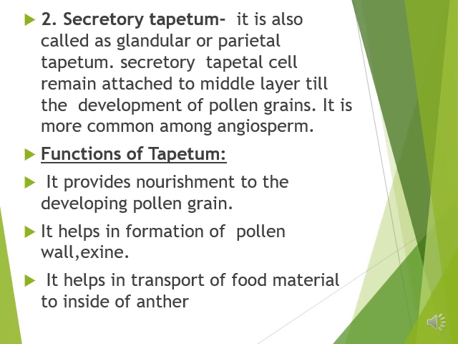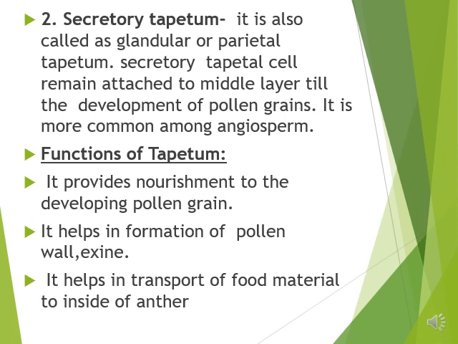Secondly, it helps in formation of the pollen wall. For example, it secretes enzymes and hormones, that is IAA, indole acetic acid, that are stored in pollen grains for their early growth. Again, it helps in transport of food material inside the anther.